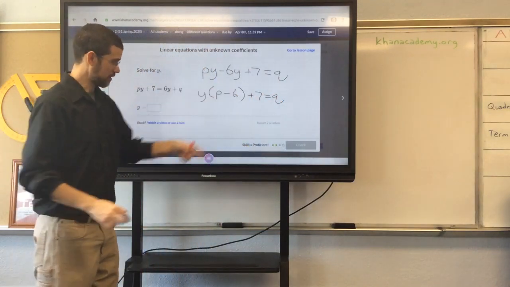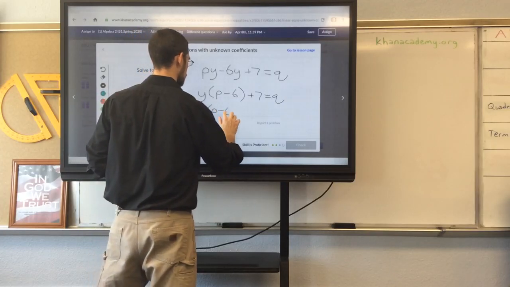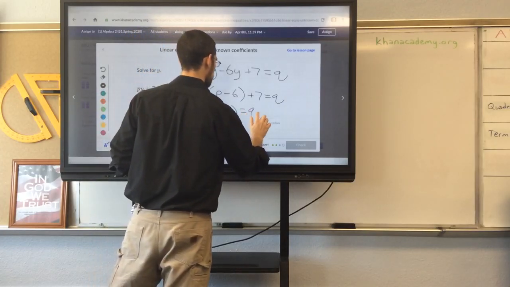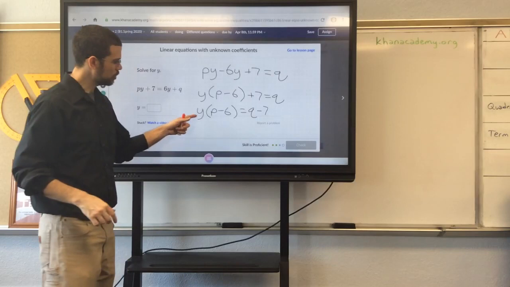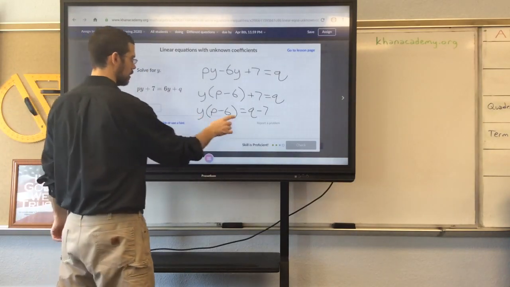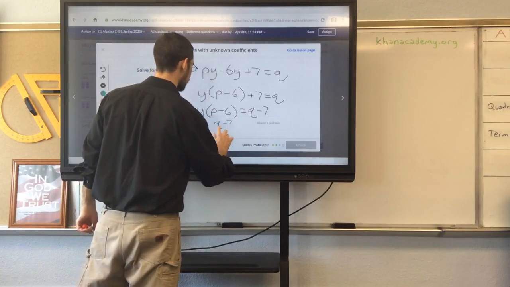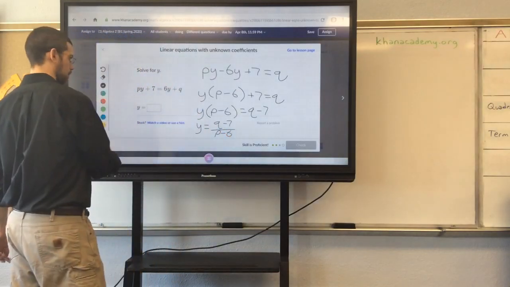I'm going to subtract 7 from both sides. And now I'm going to divide by p minus 6. And I will get y equals q minus 7 over p minus 6.